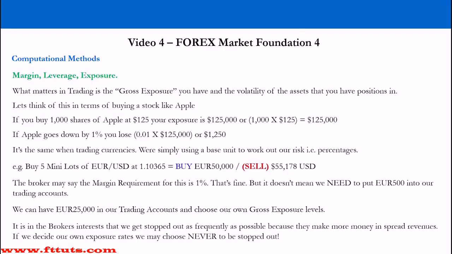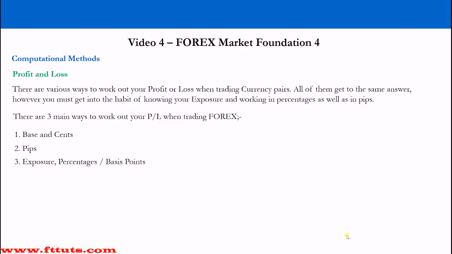Now let's move on to our next section for computational methods, which is profit and loss. There are various ways to work out your P&L when you're trading currency pairs, and all of them get to the same answer, but you've got to get into the habit of knowing your exposure at any one time, so your real risk, and working it out in percentages as well as in pips, because working out in percentages means you can compare opportunities and risk to other situations.